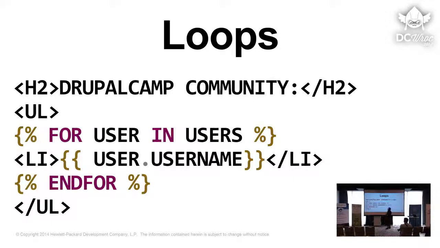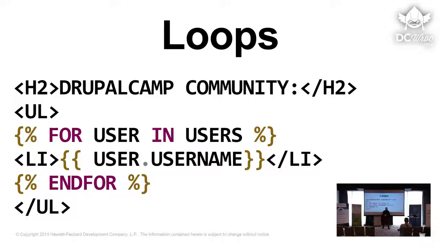Here is for, and this is where for ends. And of course, we use Twig with HTML tags. So you can see here are HTML tags for a list style.